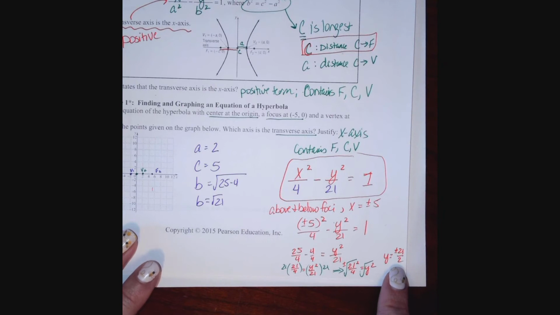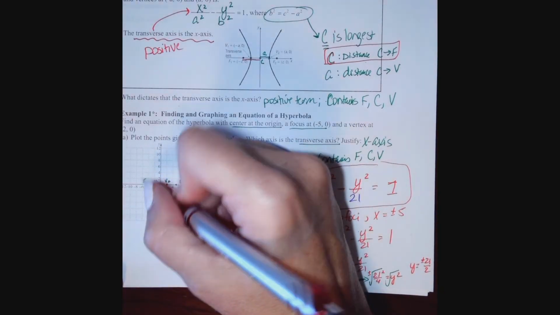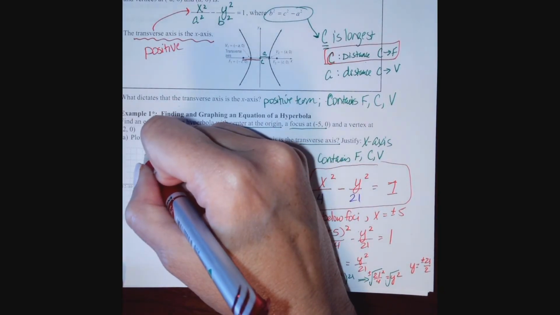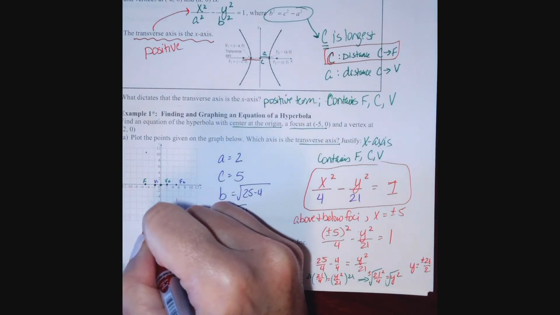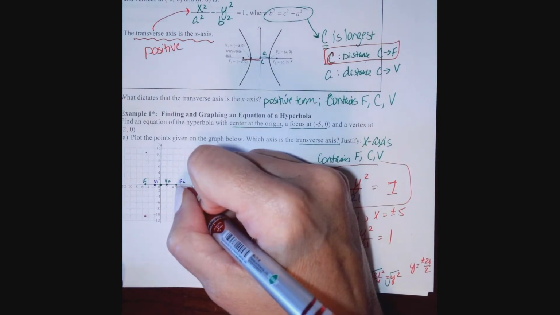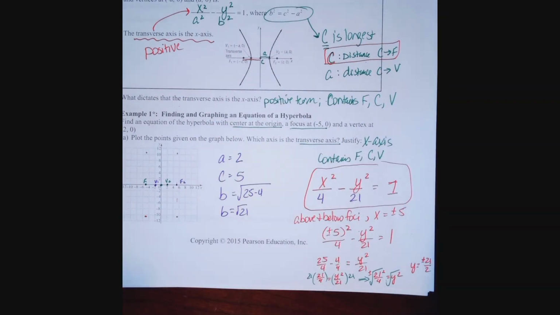So from my foci, I will go up 10.5 and I will go down 10.5, from each of my foci. So up 10.5, down 10.5.